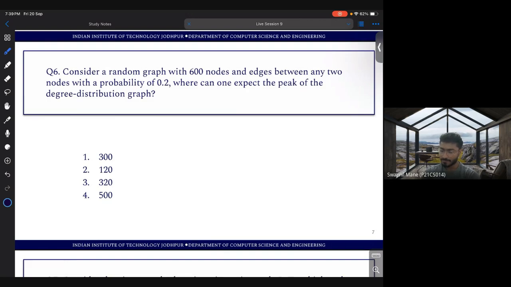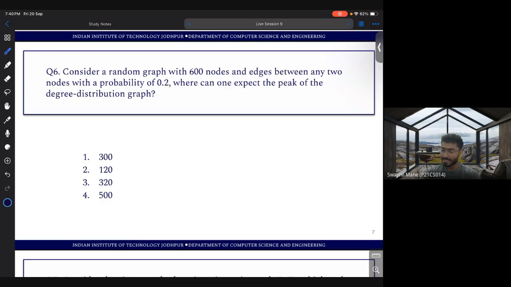In this question, consider a random graph with 600 nodes and edges between any two nodes with probability 0.2. Here we have been given n and p, which we saw in the Erdos-Renyi model, which considers n and p values to generate a random graph.